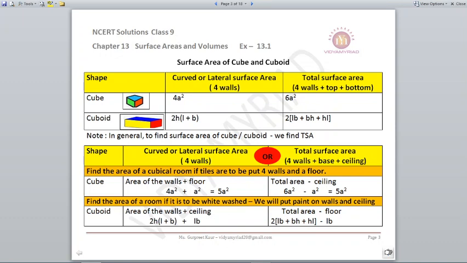I do not want to whitewash the floor, so that means my floor should be subtracted from it. In both the cases your answer will come the same. Just understand the question, what you have to add or subtract, and then you can decide which formula you want to put. You want to put curved surface area or total surface area if it is mentioned in the question.